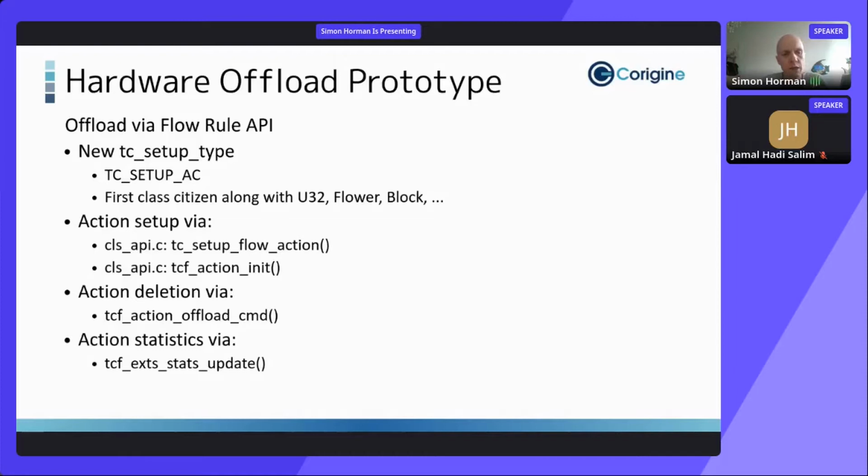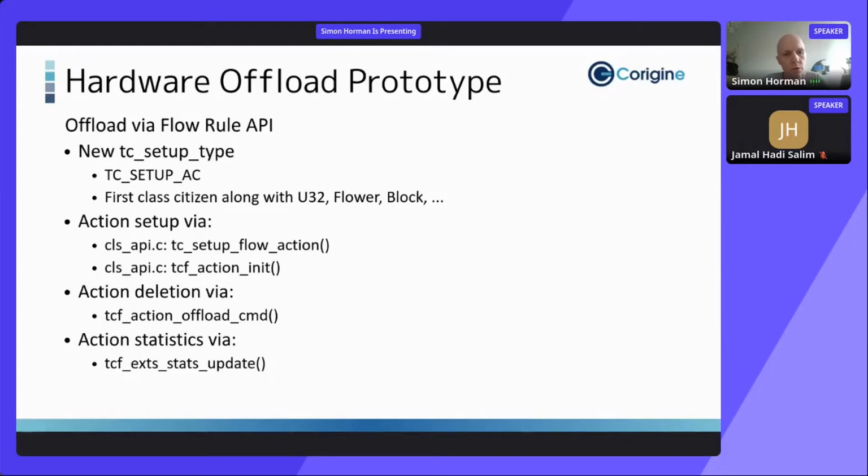Essentially, the driver will receive events, notifications telling it that there's a new offload object. Now that it can see that this offload object is TC setup act, if it knows how to offload that, it keeps going. If it doesn't, it rejects it.